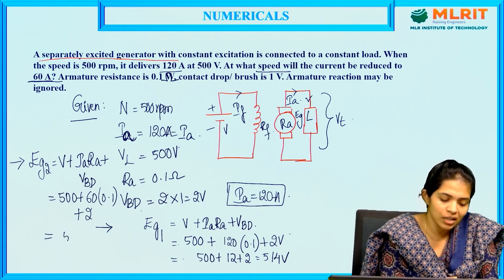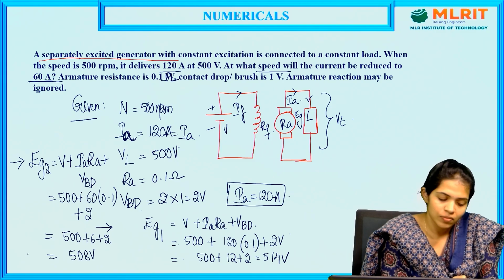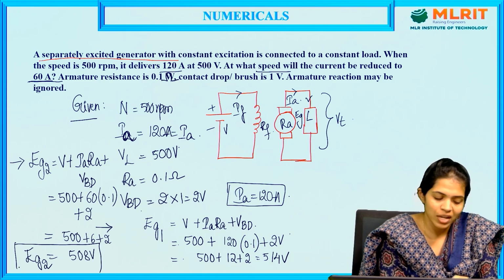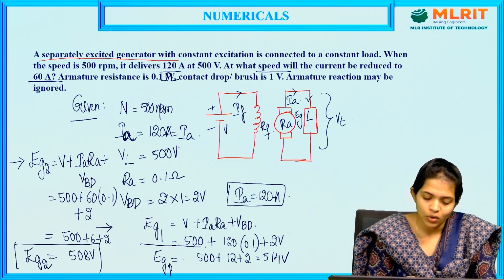So we get 500 plus 6 plus 2, which is nothing but 508 volts. So we got our EG1 as 514 volts and EG2 as 508 volts.